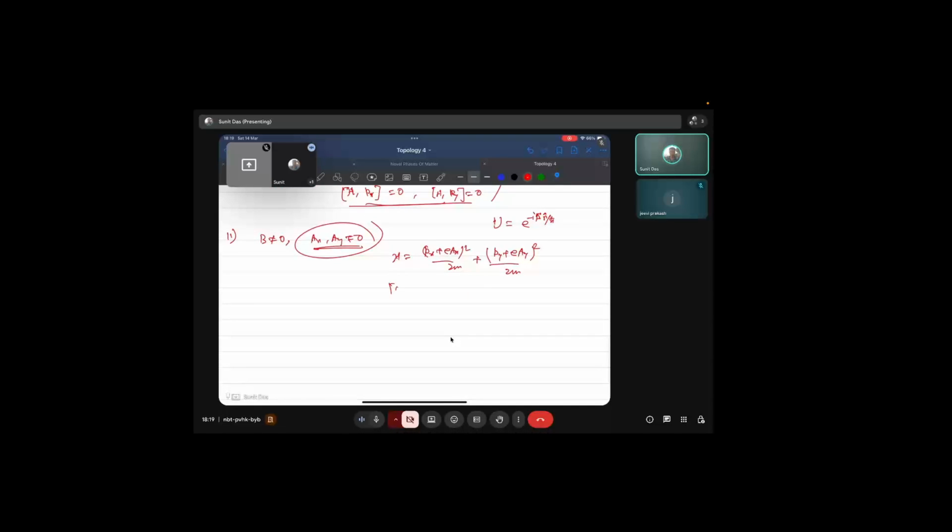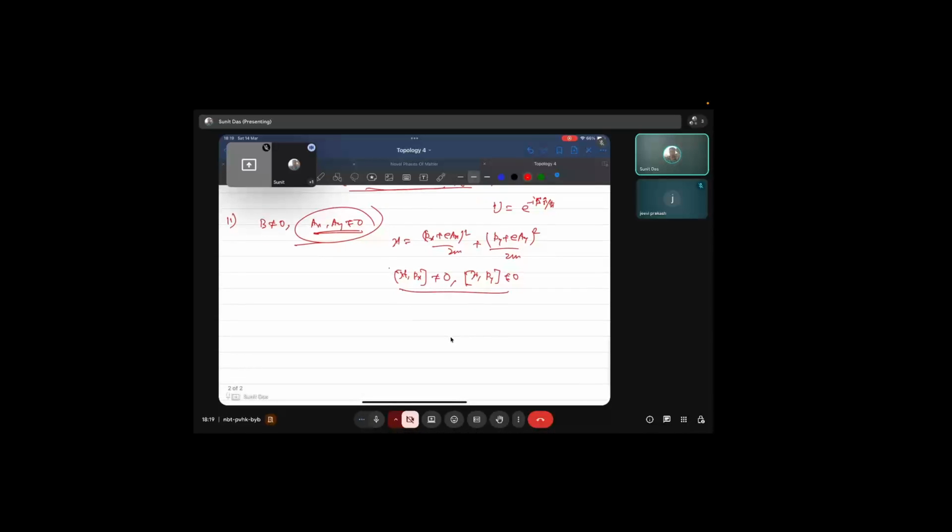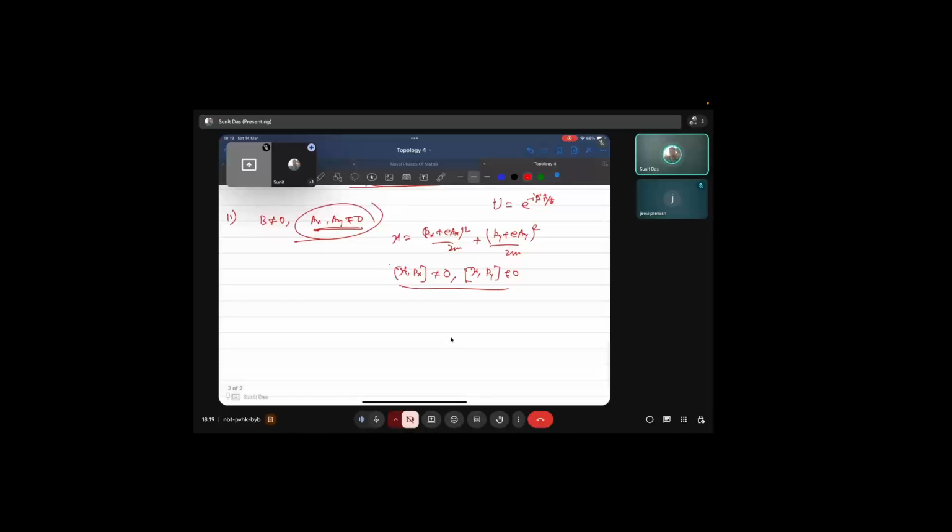If you do this, then the commutator of the Hamiltonian with respect to Px can be non-zero, depending on the gauge choice. The Hamiltonian commutator with Py also can be non-zero, again depending on the form of Ax and Ay we are taking. Now, the moment you have this kind of non-zero commutation relation, that means the system is not translationally invariant.